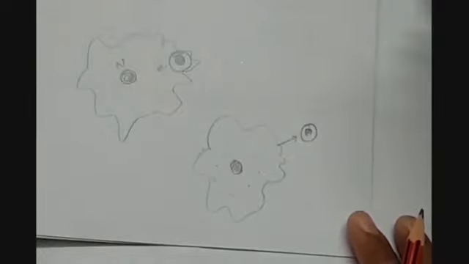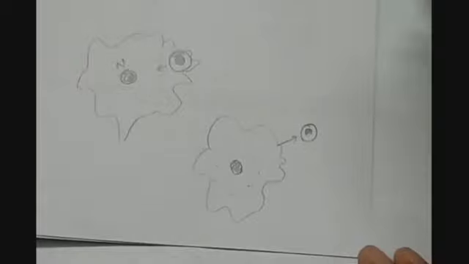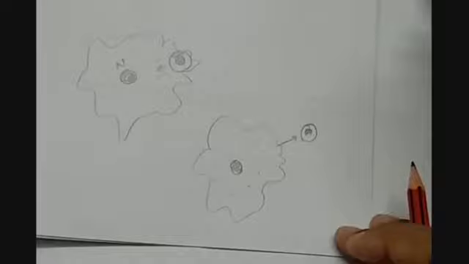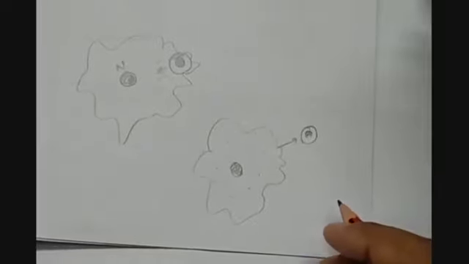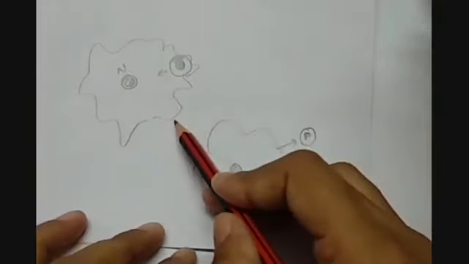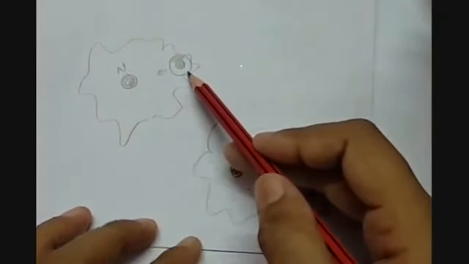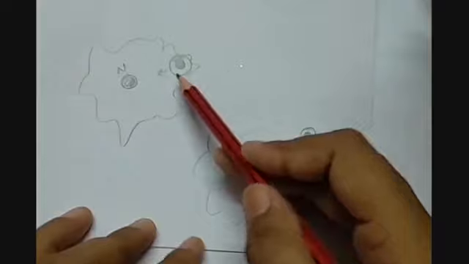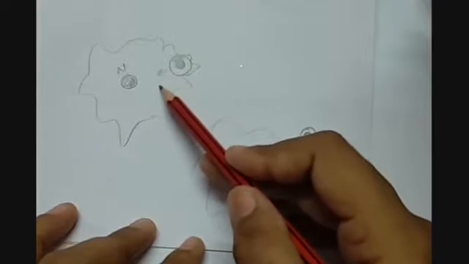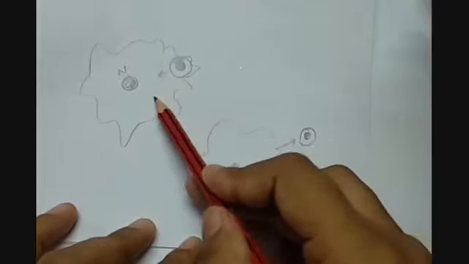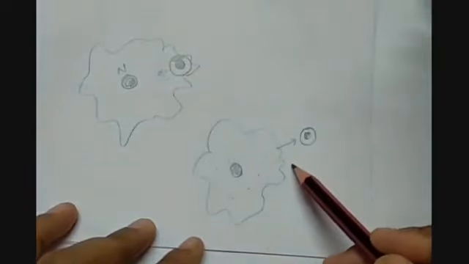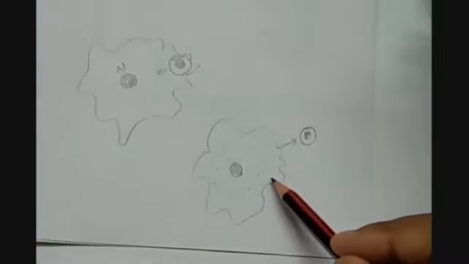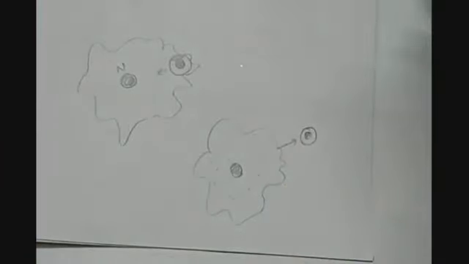First, the amoeba captures the food with its pseudopodia, and then it takes it inside the cell. Then the complex food is broken down into simpler forms and then absorbed. The nutrients are absorbed into the cytoplasm of the cell. Then the waste food is thrown out of the cell wall, and that's how nutrition takes place in amoeba.